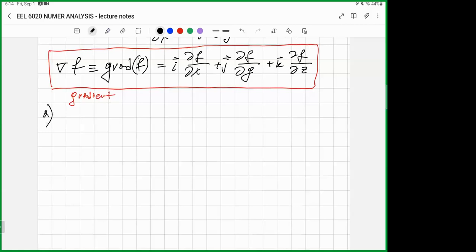For the first property of a gradient, let's state that gradient is connected with the differential.